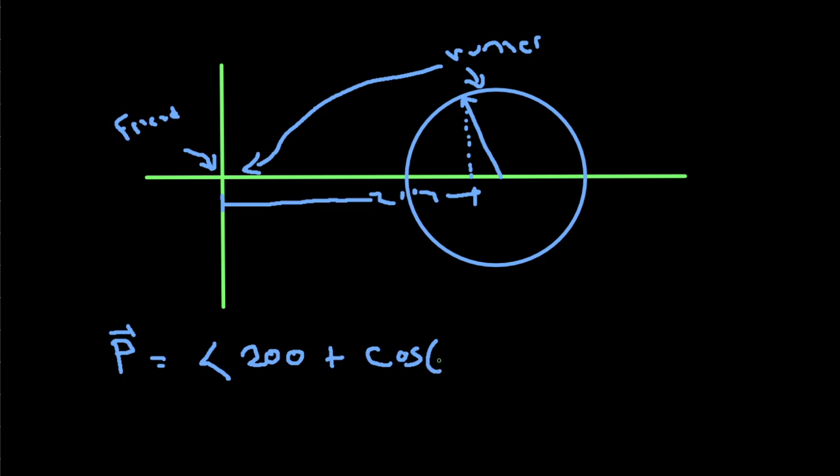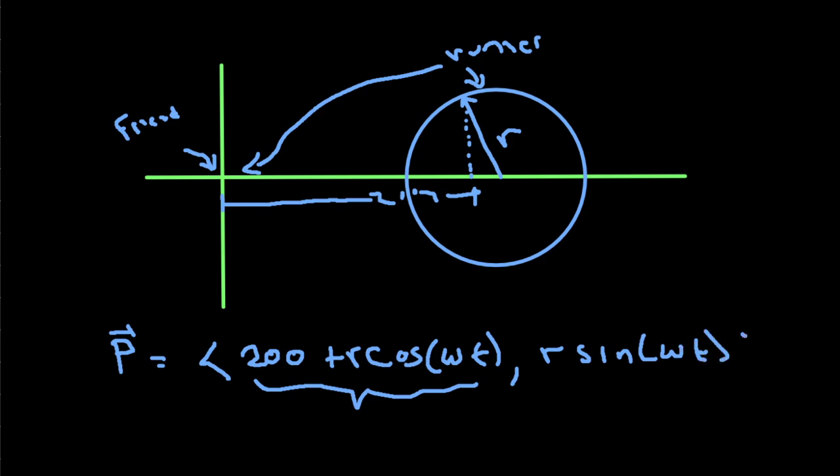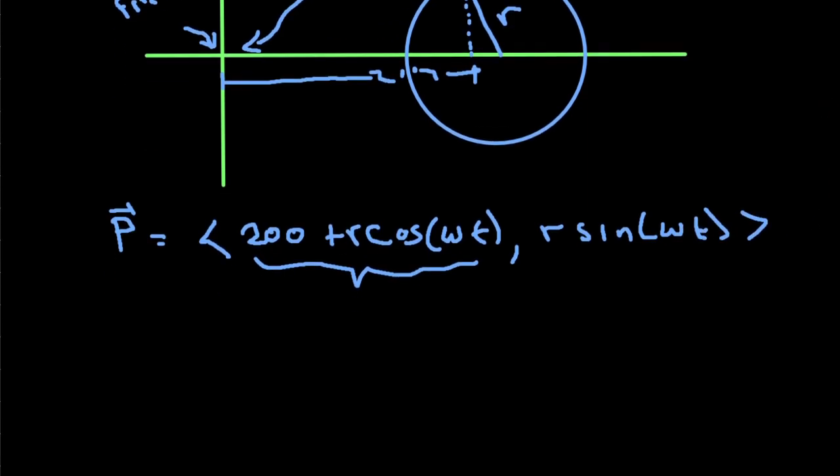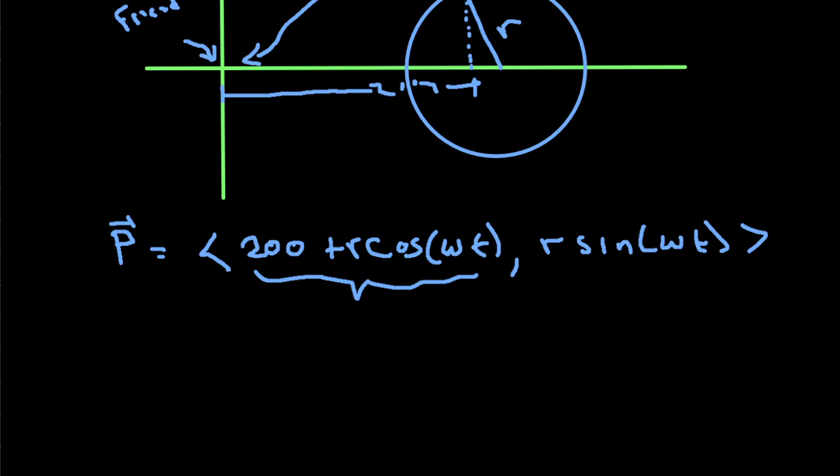I'm going to use a physics term, omega, meaning the angular velocity, times time t. This is our x component of the position vector. Sorry, it's r cosine omega t because there's a radius r. The y component of this position vector is r sine omega t. Okay, so we got this here.